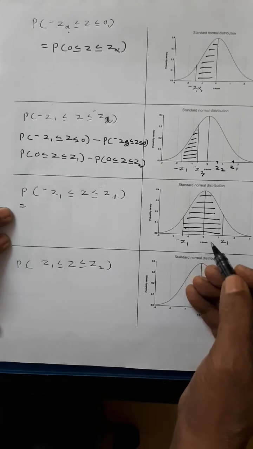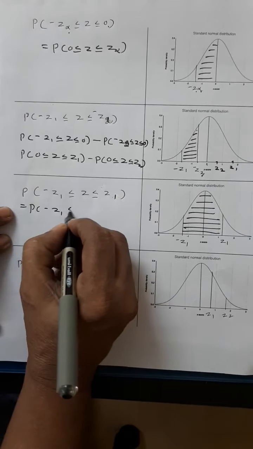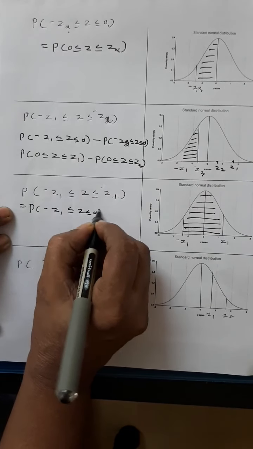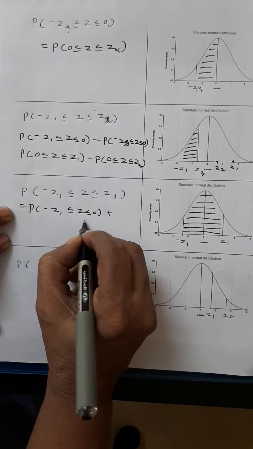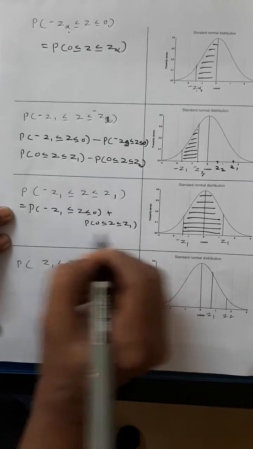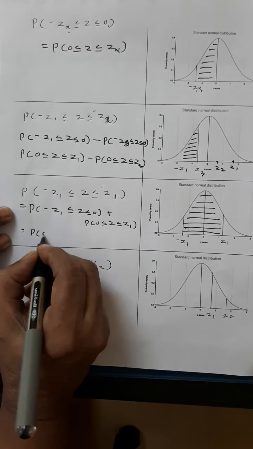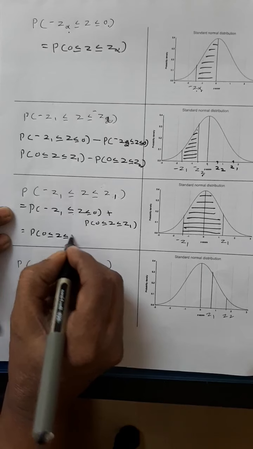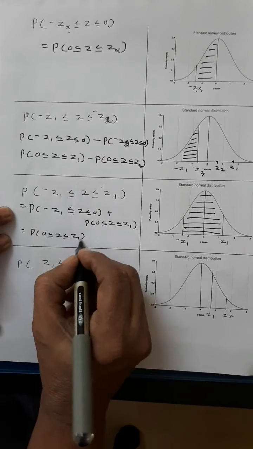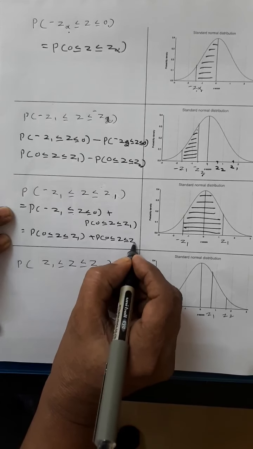Therefore, we can rewrite this as P of minus z1 less than or equal to Z less than or equal to 0 plus P of 0 less than or equal to Z less than or equal to z1, which is again the same as P of 0 less than or equal to Z less than or equal to z1 plus P of 0 less than or equal to Z less than or equal to z1.